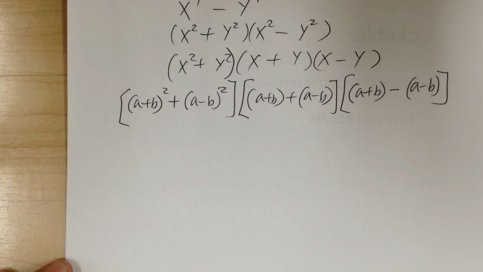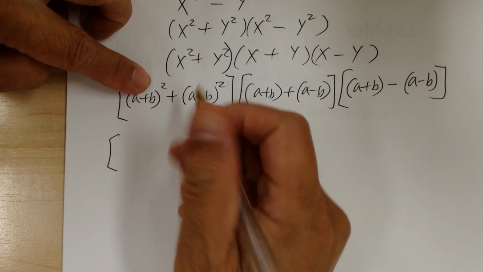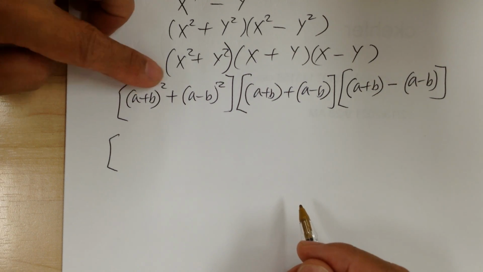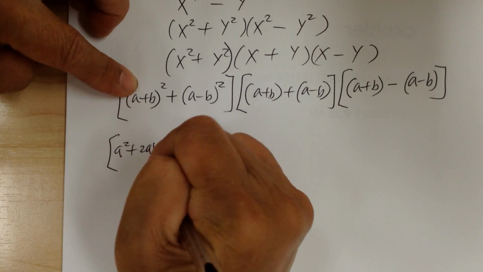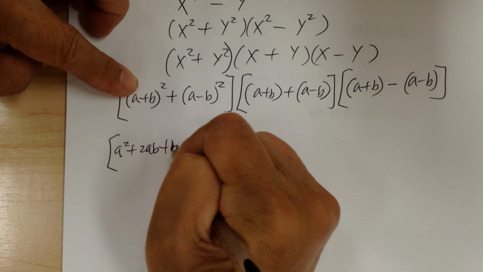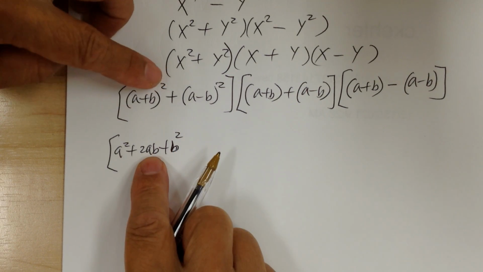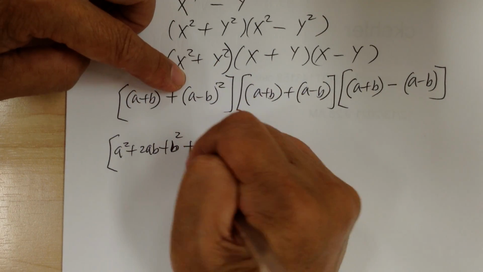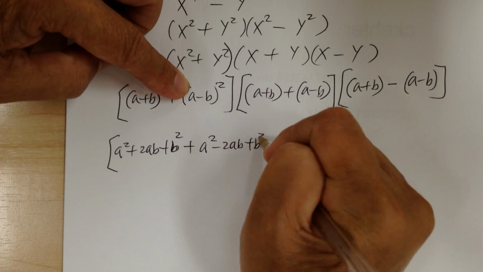The next step is let's get rid of all the parentheses. So for the square, you need to know how to multiply the perfect squares. Shortcut: you're going to get a squared plus 2ab plus b squared. Basically, you square that, you get that, you square that, get that, and 2 times a times b gives you the middle term. This one over here plus, you're going to get a squared minus 2ab plus b squared.